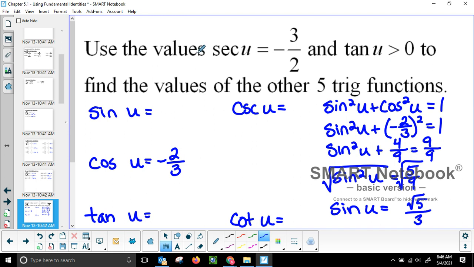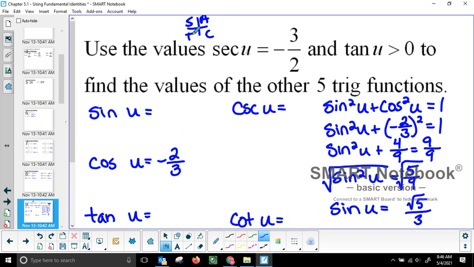What quadrant, do you remember our all students take calculus, is cosine negative and tangent positive? Quadrant 3. Because the tangent is positive. Here it says tangent of u is greater than 0. Whatever letters in here means that's what's positive.